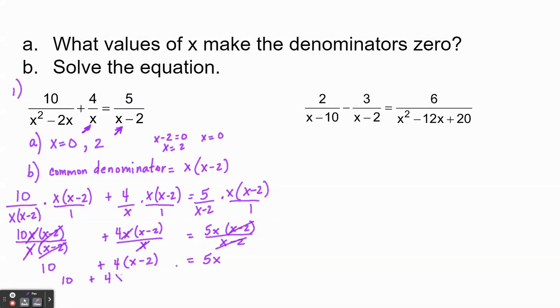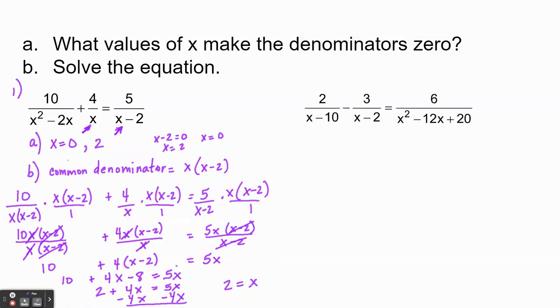Now we can simplify. So let's go ahead and distribute the 4. So it gives me 4x minus 8. And that gives me 2 plus 4x equals 5x. And if I subtract 4x from both sides, I want you to see that I'll get 2 equals x. Okay, now that normally would be our solution.